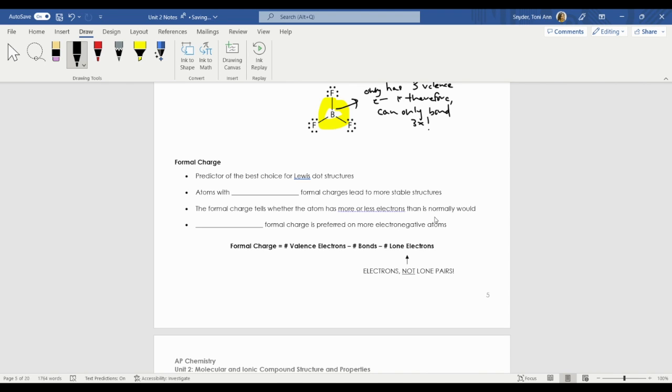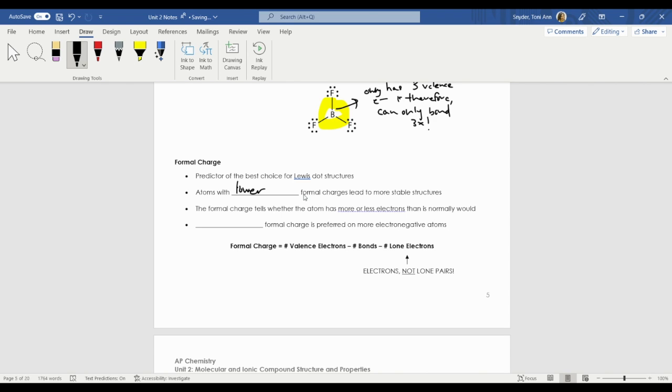You might say, wait a minute, Mrs. Snyder, is this the correct Lewis dot structure? Or is this the correct Lewis dot structure? And from this point on, I will say, well, what are the formal charges for all the molecules in that structure? Because that is what's going to tell you what the best structure is. And that's because atoms with lower formal charges lead to more stable structures.